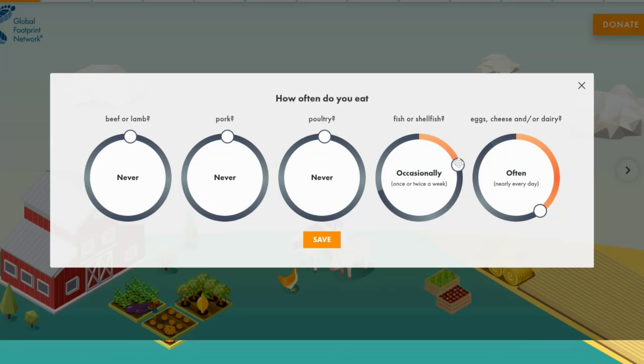And one of the other interesting things that we can note here is that eggs, cheese, and dairy tend to have quite a different impact than the animals that they come from. So for instance, why do eggs have less of an impact than chicken? Why do cheese and dairy have less of an impact than our cows?